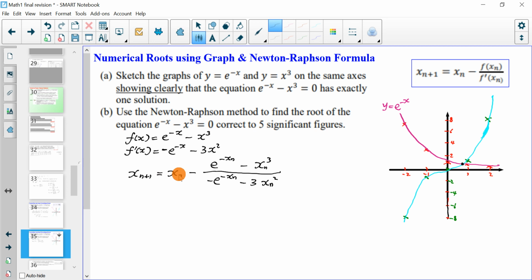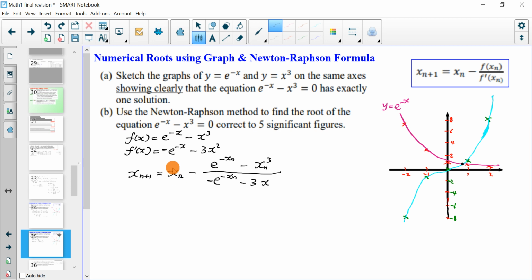I'm not even going to bother simplifying any of this because I am simply going to use a calculator from here on because this is numerical roots and we're not really bothered about the algebra here.